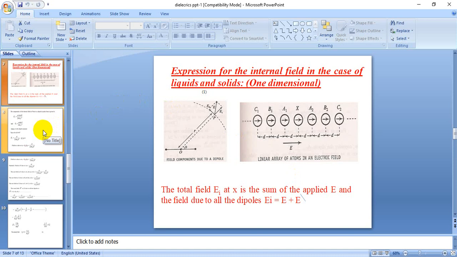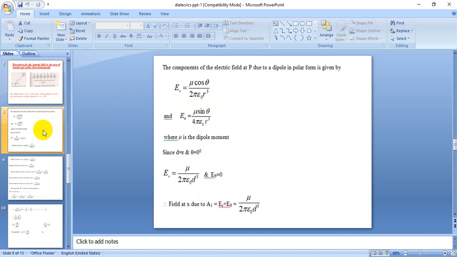As I already told you, the electric field E can be divided into two different components in polar form: ER and E theta. ER can be written as mu cos theta divided by 2 pi epsilon naught r cube, and E theta can be written as mu sin theta divided by 4 pi epsilon naught r cube.